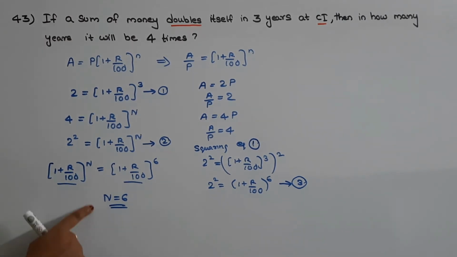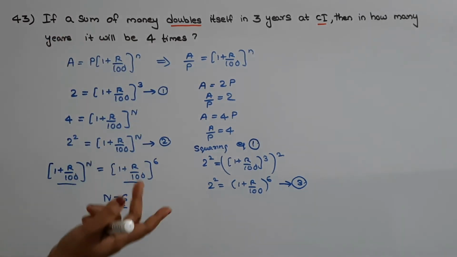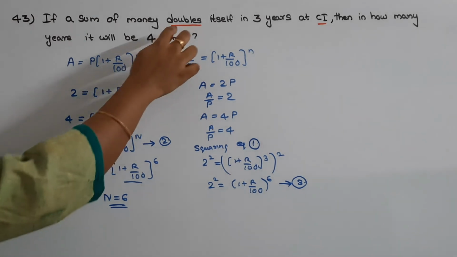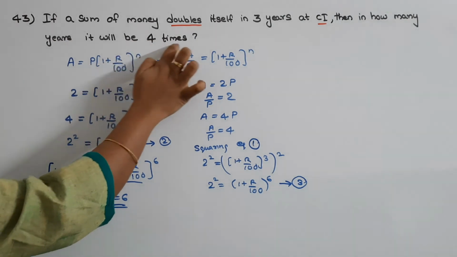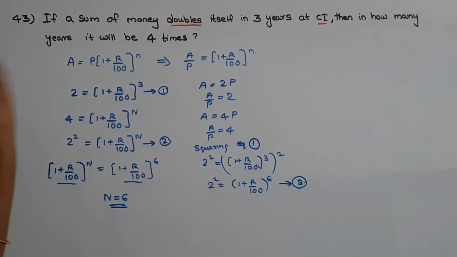Now, there is an easy method to find out this answer. Instead of writing all these steps, we can find the answer in just 2 seconds. Let us see how can we find the answer. See, whenever double comes, we need to write this number of times in terms of 2.